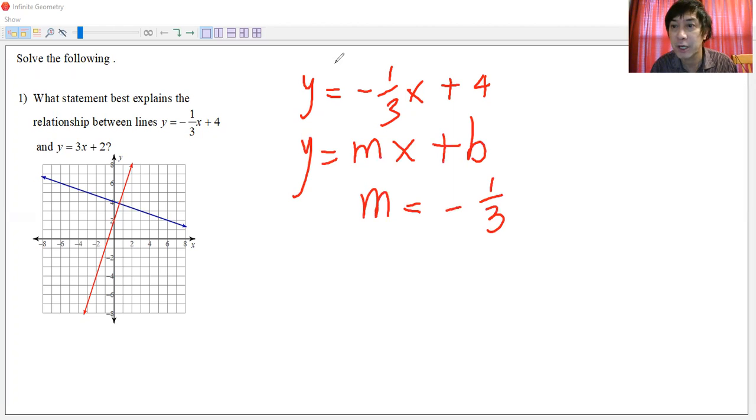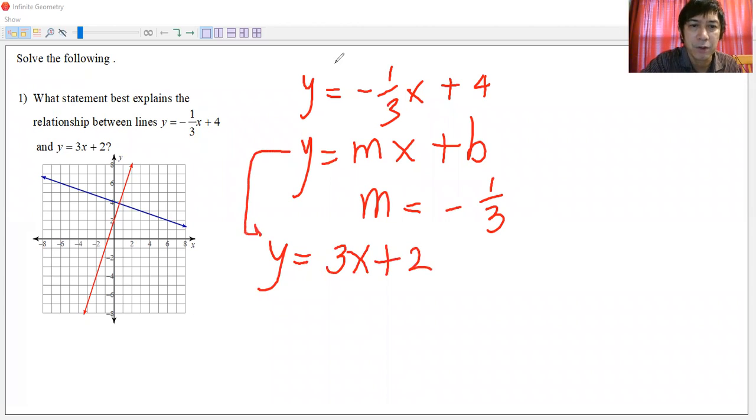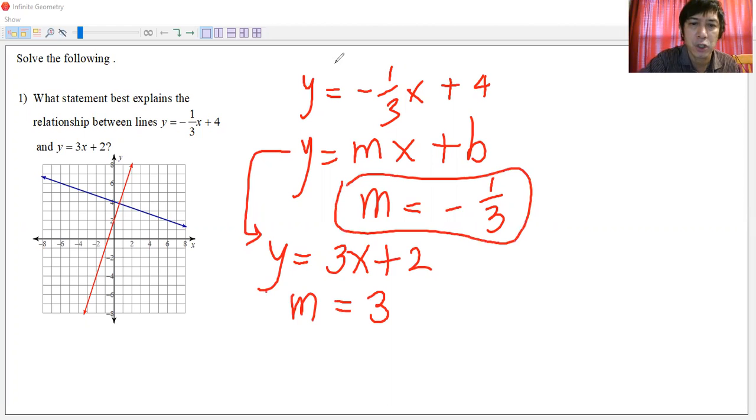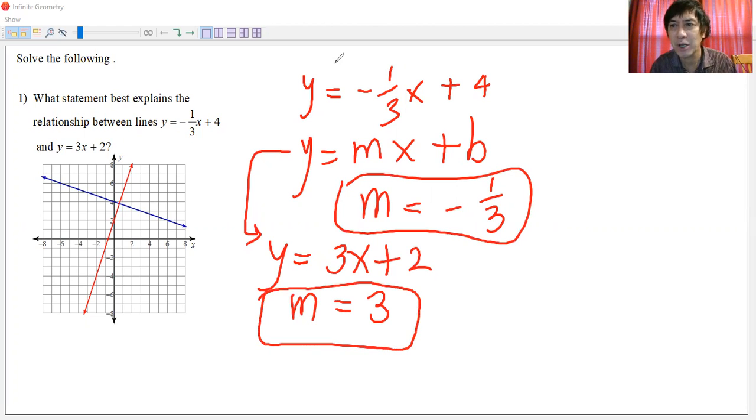The second line has this equation, 3x plus 2. And it also is of this form. So the slope of this is equal to 3. Okay, notice the slope of the first and the slope of the other. And you can say that it is negative reciprocal of each other. Okay, negative reciprocal.